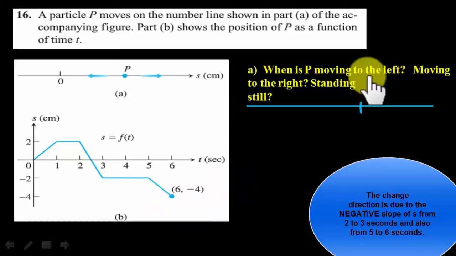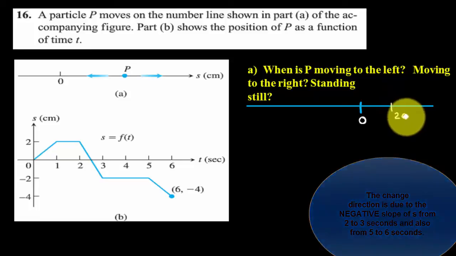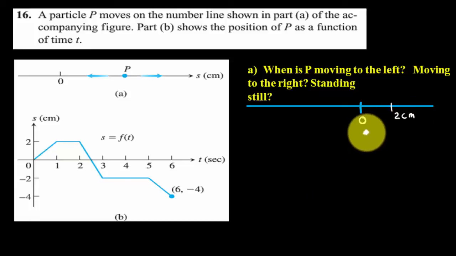Okay, so it's like this. Suppose we have a particle. The first second it has traveled a distance of 2 centimeters to the right. And then remember, it stopped. It stood still from 1 to 2 seconds.